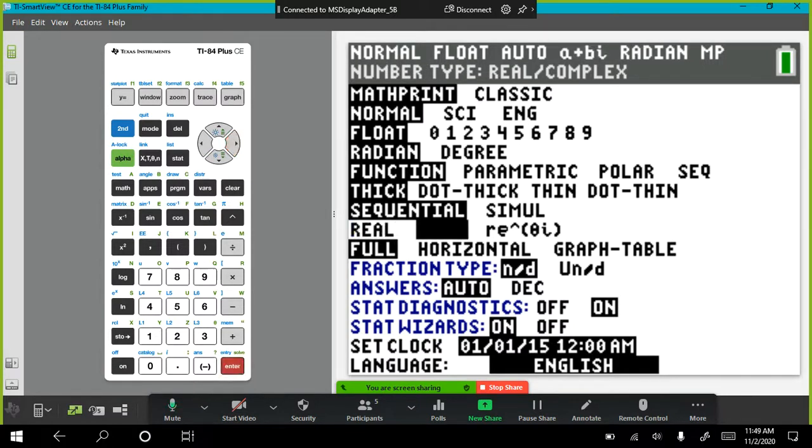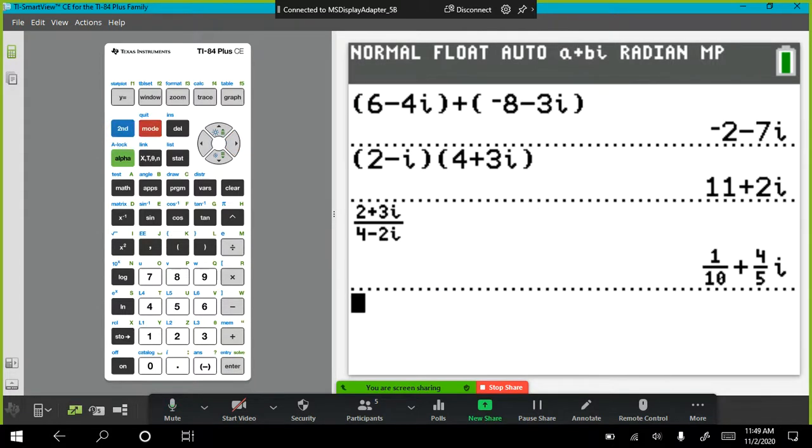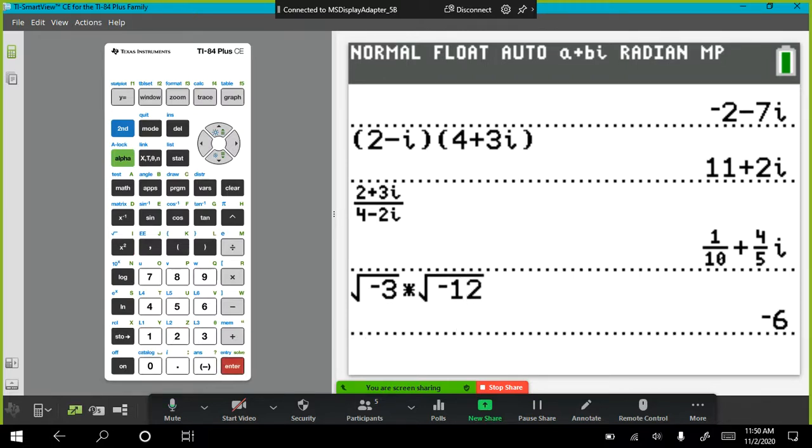So I'm going to change that to deal with this square root. So that was the square root of -3 times the square root of -12. I'm going to be interested to see if they do make this. Yep, -6. Okay.